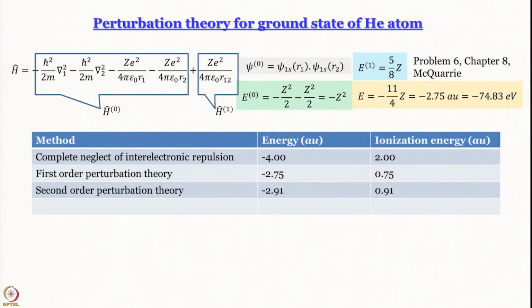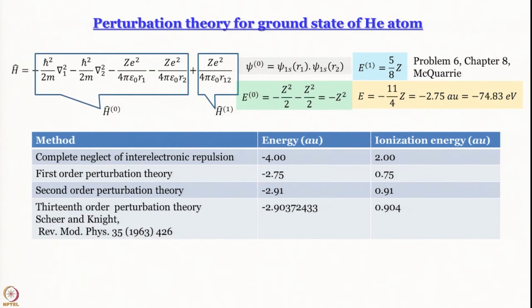If we do second order perturbation theory treatment, then the energy we get is minus 2.91 atomic unit. If we keep on going, then I will just show you the 13th order perturbation theory result. This is by Schwartz and Knight, published in 1963. Here we get, and see what I was talking about, you have to go to a lot of decimal places if you want to work with atomic units.